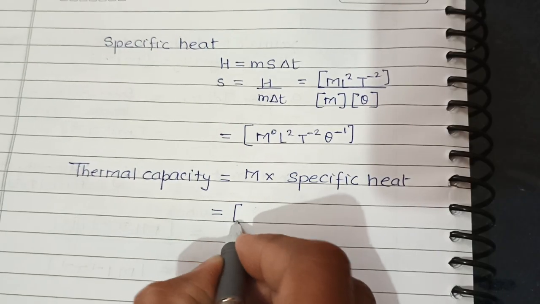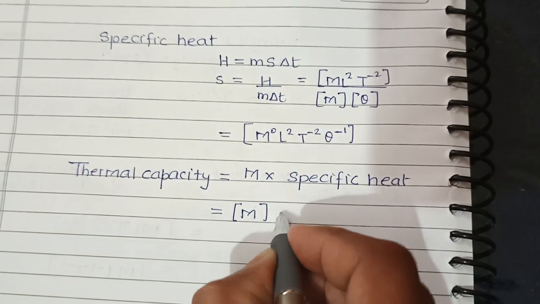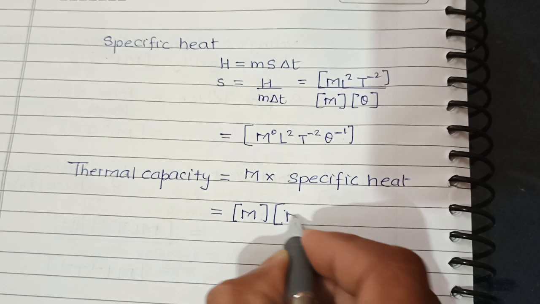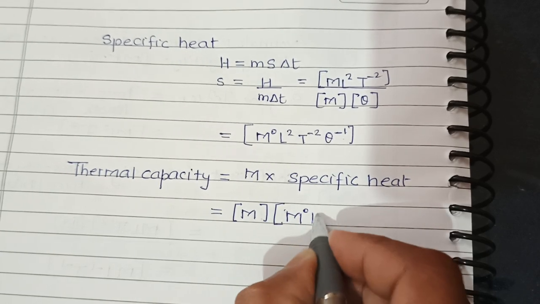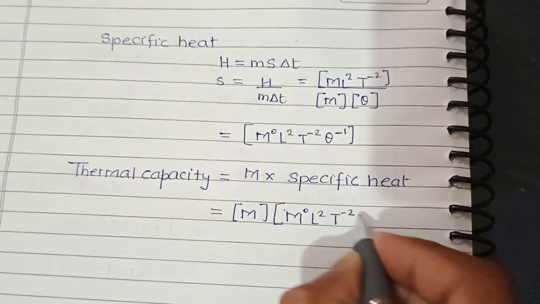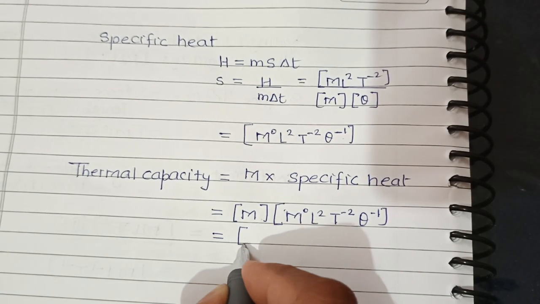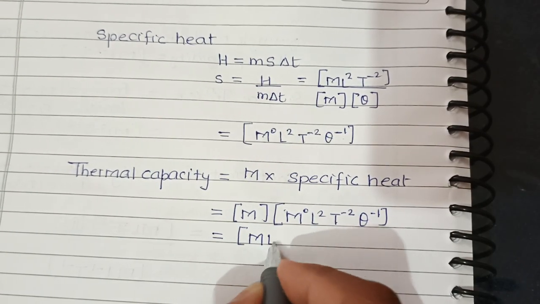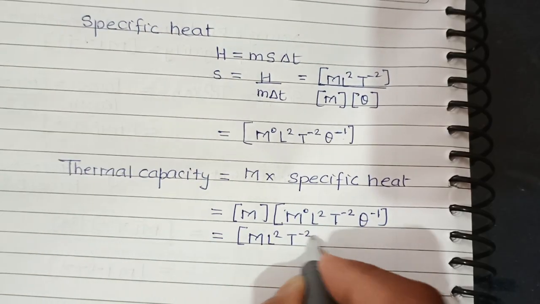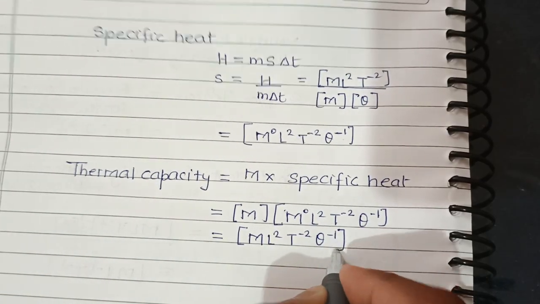Mass is m and specific heat is L square T minus 2 theta to the power minus 1. So that is M L square T minus 2 theta to the power minus 1.